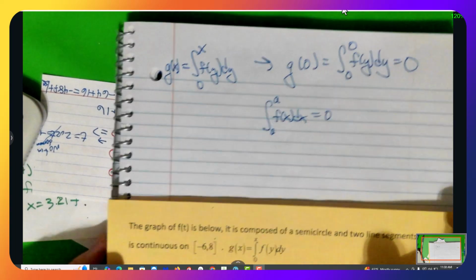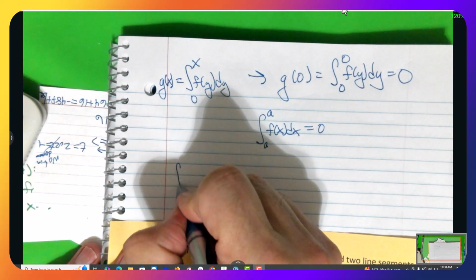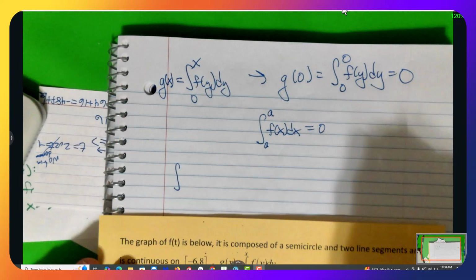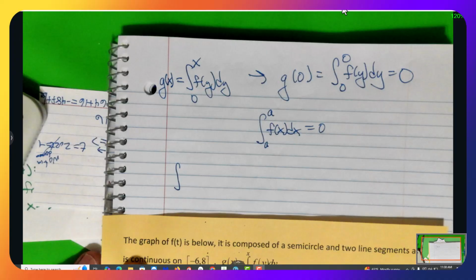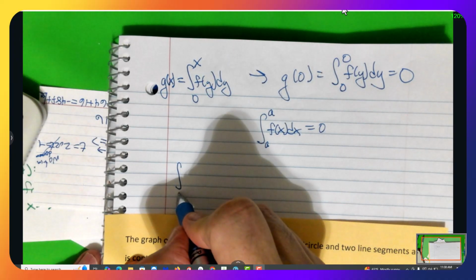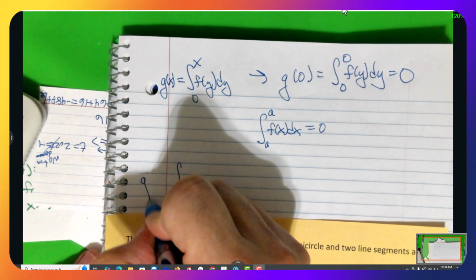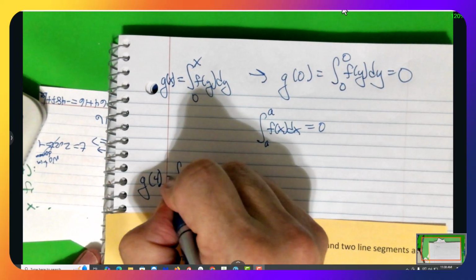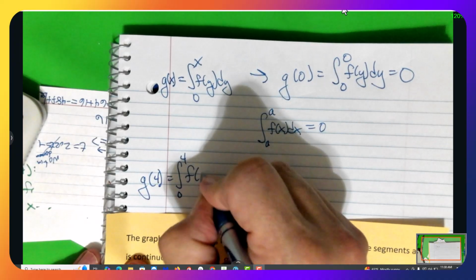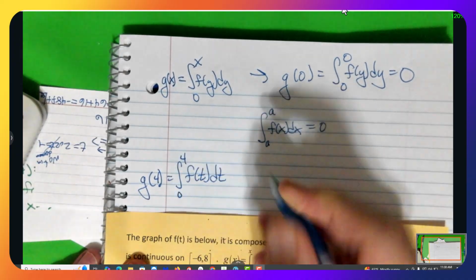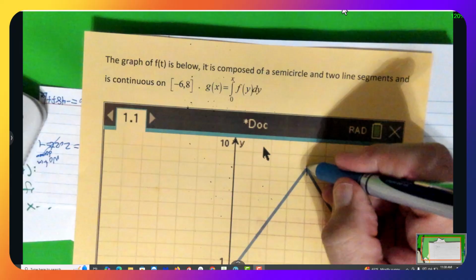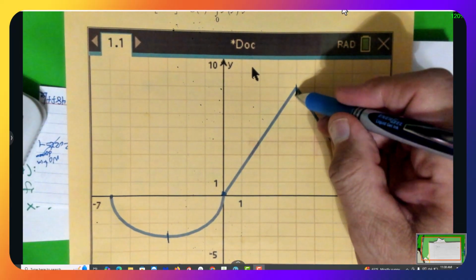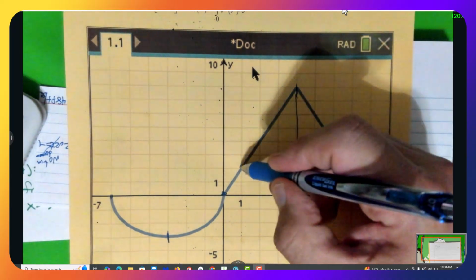Now, they're typically going to ask you to do some evaluations here. Now, there's some other things. Maybe I'll slip that one in. Let's do g of 4. So that will be the integral from 0 to 4 of f of t dt. And if you think about that, 0 to 4, imagine in your mind you drop a perpendicular.